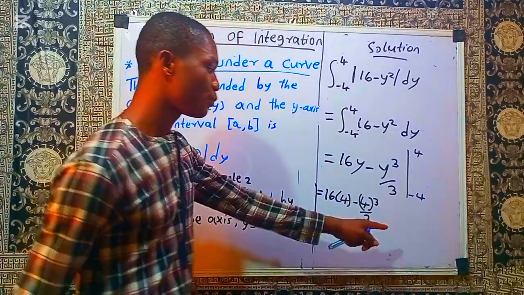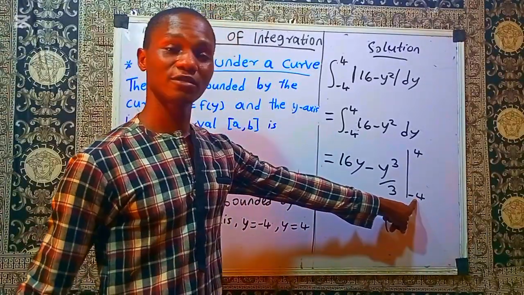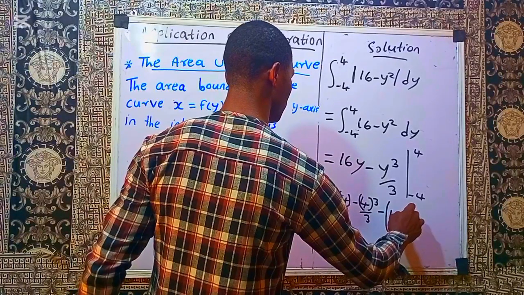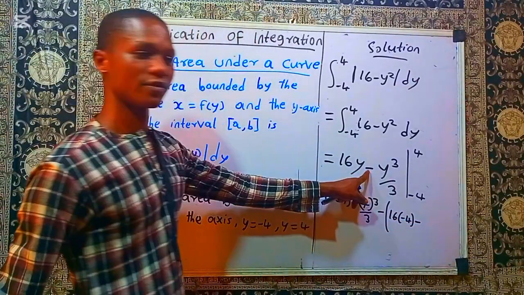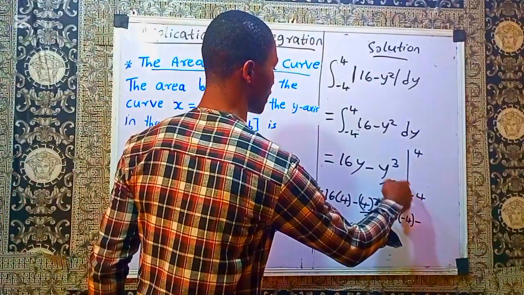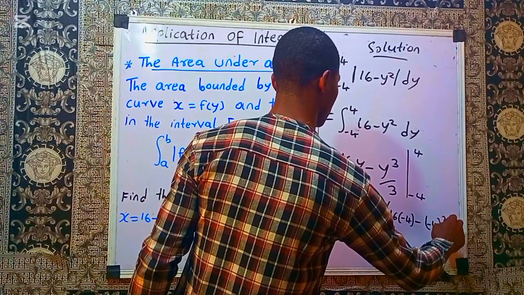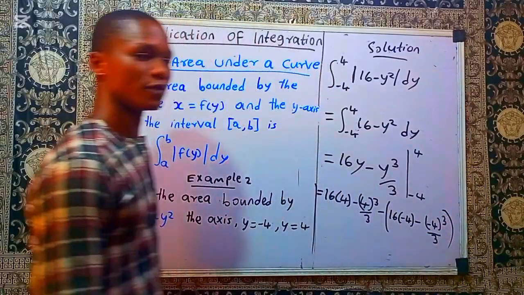Then you now put minus before putting the lower bound. Lower bound is what? Minus 4. You put it for y here. You have 16 multiplied by minus 4. Then we have minus here, right? Then you put minus 4 here. You have minus 4 raised to power 3 divided by 3. Then you now close the bracket.